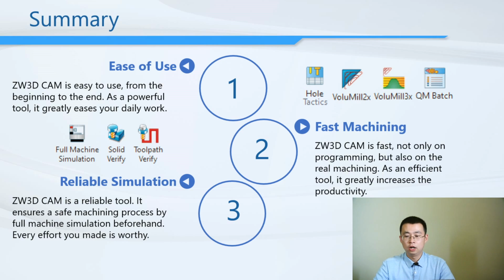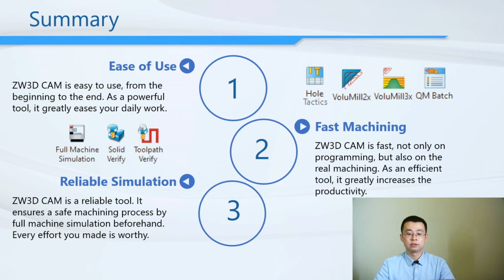We got whole tactics, we got volume, we got batch calculation. It is very fast to work with ZW3D CAM, not only on the programming, but also on the machine. As an efficient tool, it will greatly increase productivity.